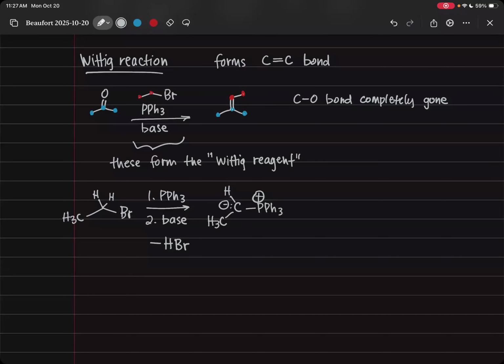So this gets eliminated as HBr, and the rest of the molecule is attached to triphenylphosphine.